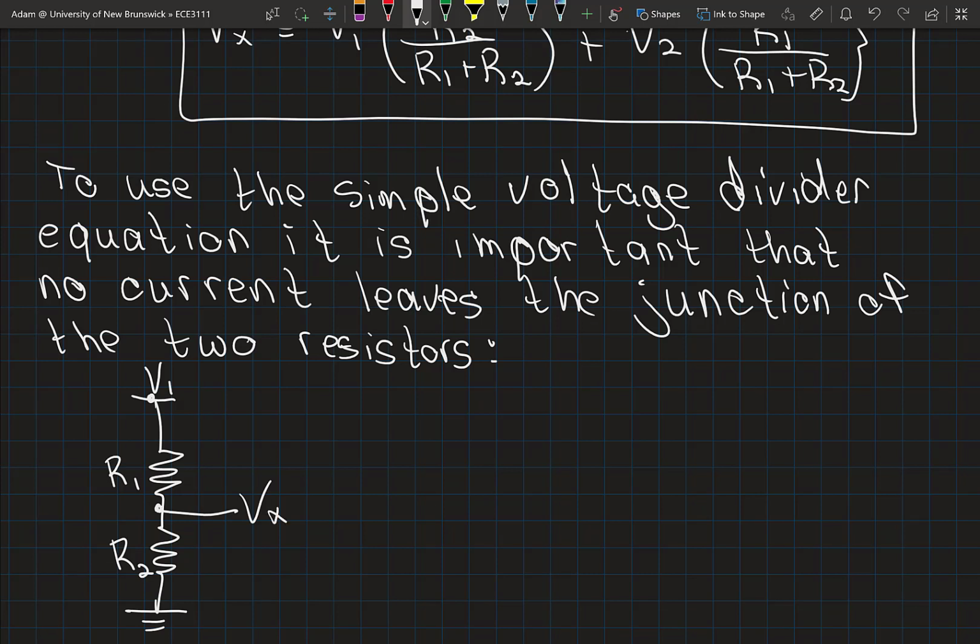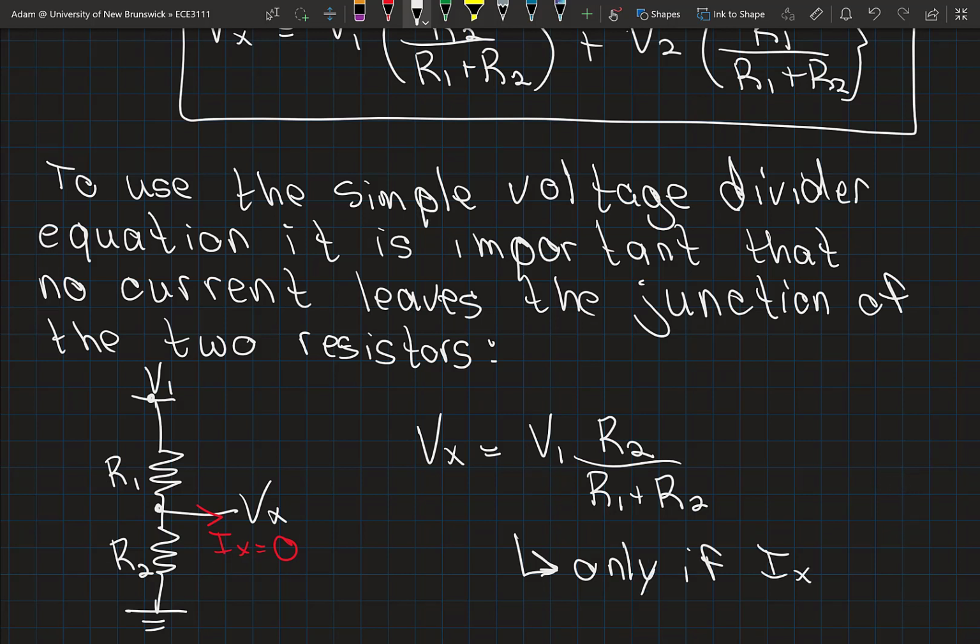My assumption here, in order to be able to calculate Vx in this way, is that this is only true if this current Ix is equal to 0.